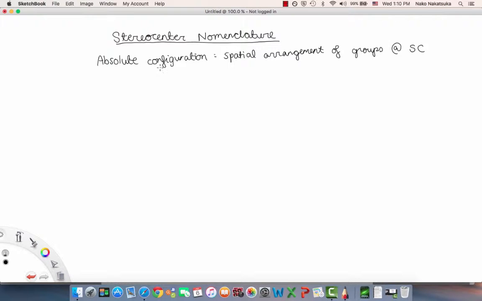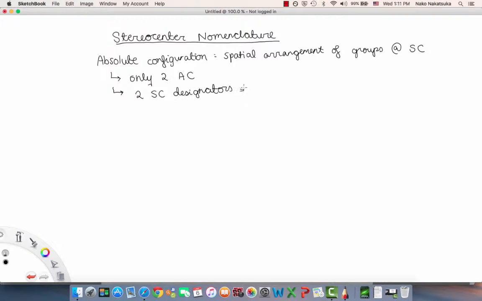And so the stereocenter can only have two absolute configurations. Only two absolute configurations. Again, I'm abbreviating it. And therefore, we only need two stereocenter designators.